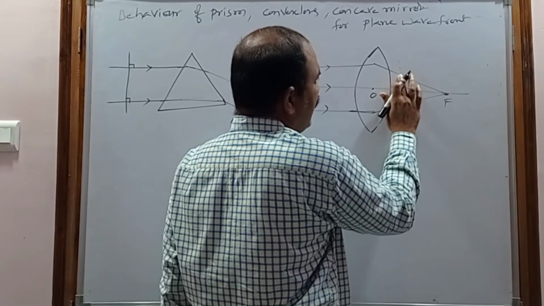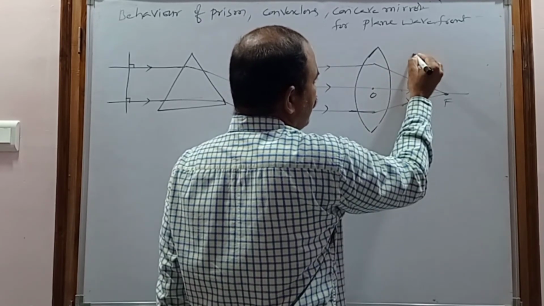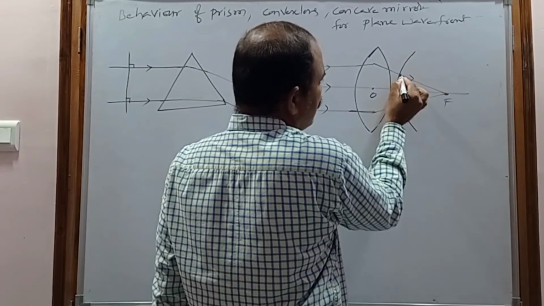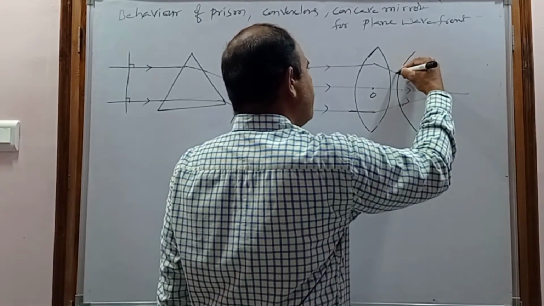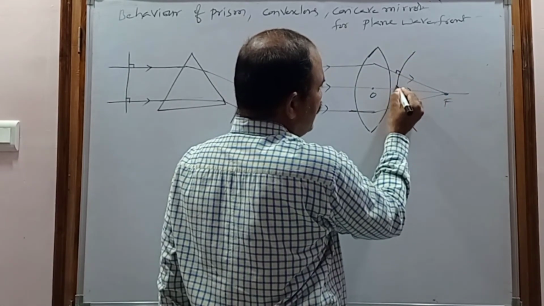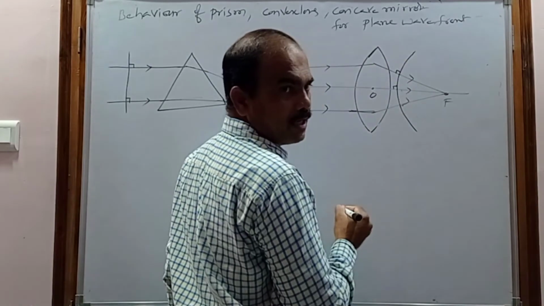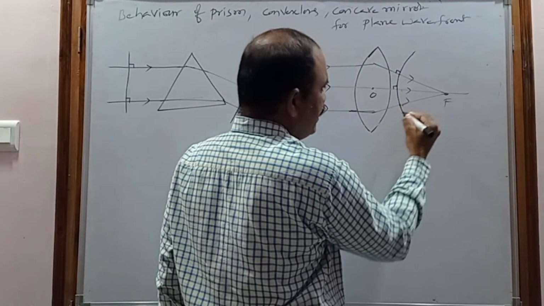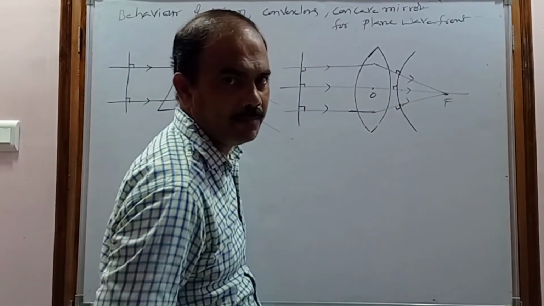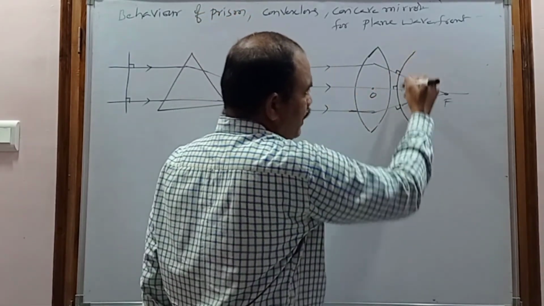But if I draw it like this, observe. At this point the wavefront is perpendicular to this light ray, at this point it is perpendicular to this light ray, and at this point also, and now the wavefront shape will be like this.